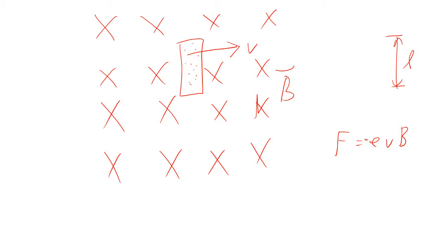That means the force, by the right-hand rule, is to the top, but negative means down. So electrons would accumulate on the lower surface, and you'd have a lack of electrons on the upper surface. So the upper surface would become positive, and the lower end would be negative. And so as this thing is moving, you end up getting a difference in charge there.